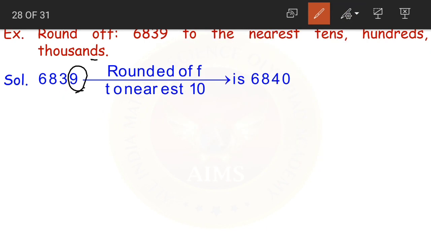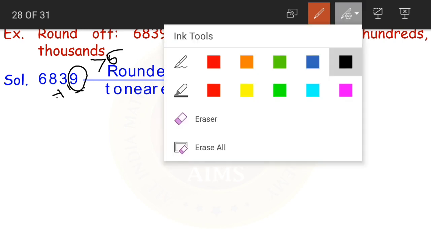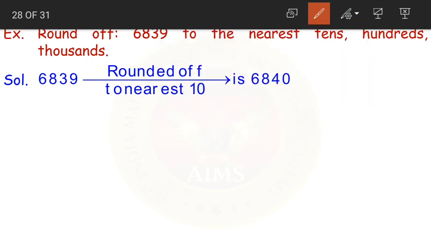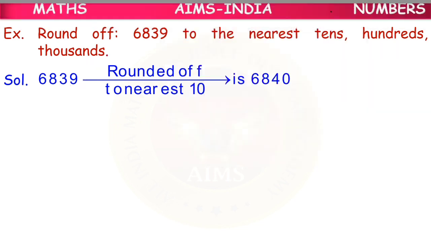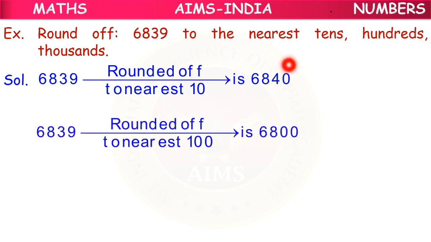It is 9. It is greater than 5. So, add 1 to the digit in tens place. 3 plus 1 becomes 4 and replace the digit in ones place by 0. So 6,839 when rounded off to the nearest 10 becomes 6,840.